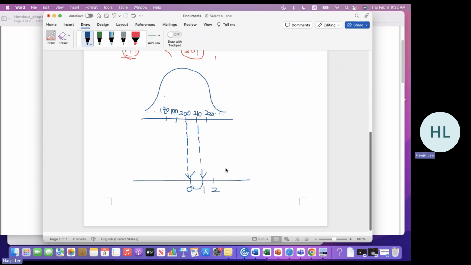And two standard deviations from the mean is 2, not 220. And the same thing, -1 and -2. This is the G distribution for the math score for 2021.